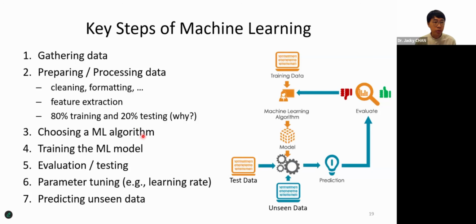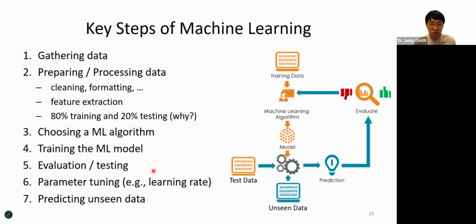After this, we have the data ready, then we choose the right machine learning algorithm to use. It depends on the task that you would like to do. And then we code, which means we train the model, and then we evaluate it.